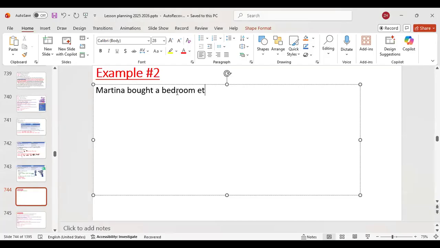So Martina bought a bedroom set from Furniture Dreams, with a capital F. The cash price was $3,000.